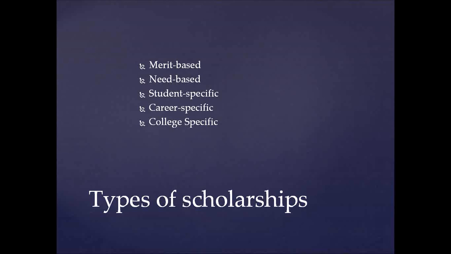Also included on here that wasn't on the grants section is college-specific scholarships. Those are granted to students who go to a specific college or colleges or universities. And there's also new on here the career-specific scholarships, which are granted to students in majors leading to specific careers, kind of like the TEACH grants, except they're scholarships.